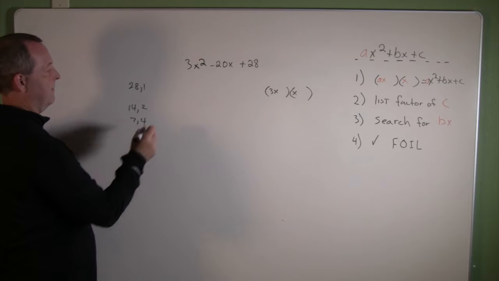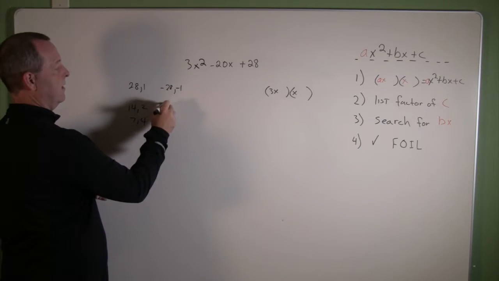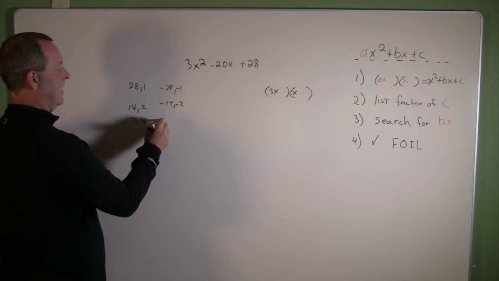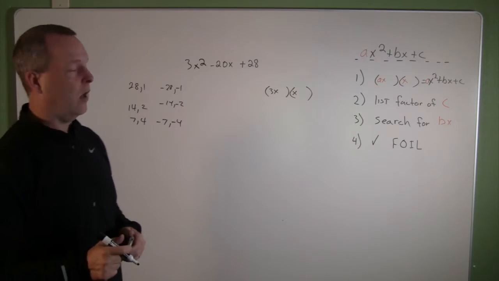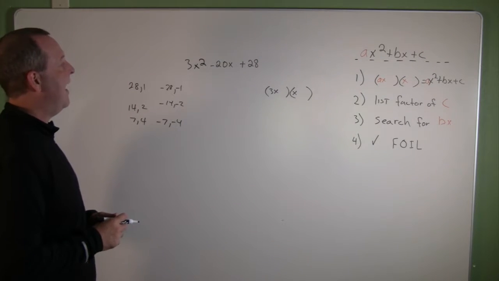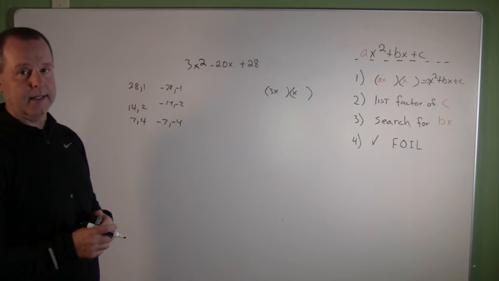And then I also have negative 28 and negative 1, negative 14 and negative 2, and negative 7 and negative 4. So those are 6 possibilities in order to make a positive 28.